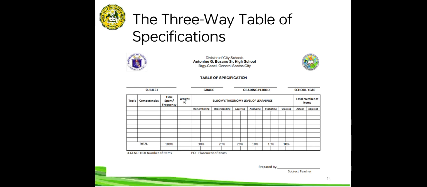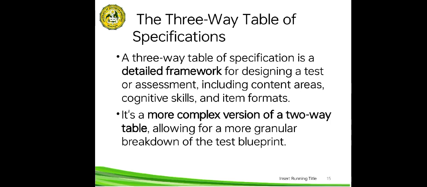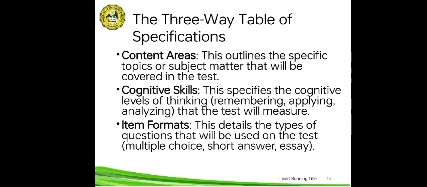This brings us to the three-way table of specification, a powerful tool to ensure assessments are valid, reliable, and fair. It includes content areas, which state what topics are covered; cognitive skills, what kind of thinking is required; and number three, item formats, what type of test or task will be used.